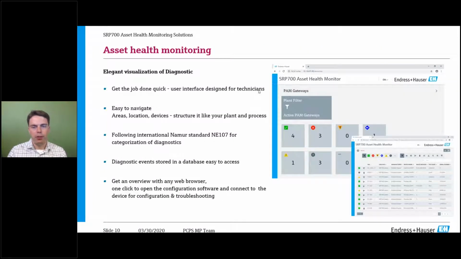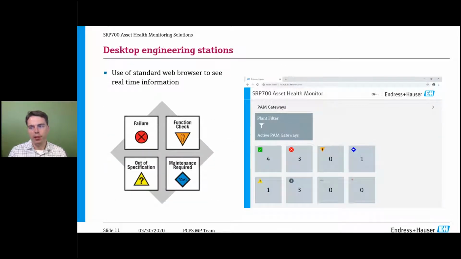I will not spend too much time on the visualization, but the key point of the whole system is ease of access. We will see it's a web page. It's very easy to access, so you don't need a DCS or PLC expert, nor access rights to the PLC or DCS, to access that system. What is important is that we're using the NAMUR NA107 standard. This is a standard that technically defines the importance and categorization of diagnostic messages coming from field devices.